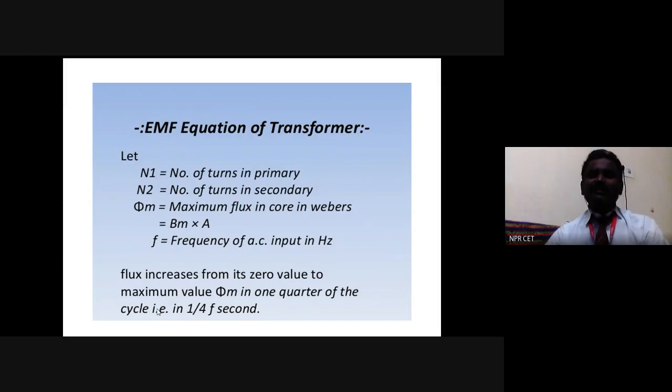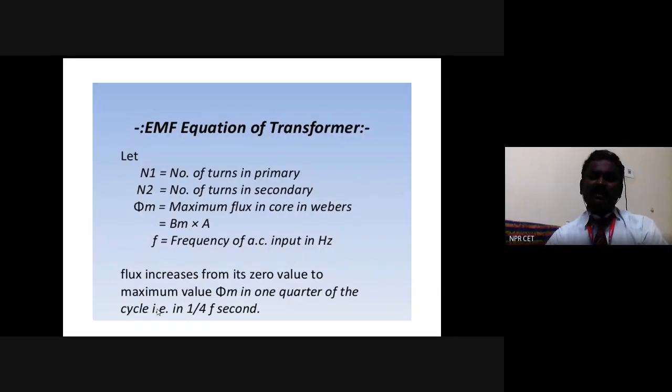Now, before deriving the EMF equation of the transformer, we have to consider Faraday's laws of electromagnetic induction. In the second law, the EMF induced in the primary winding or secondary winding is proportional to the rate of change of flux, right? When the flux changes, EMF also changes. If the flux does not change, there is no change in EMF.